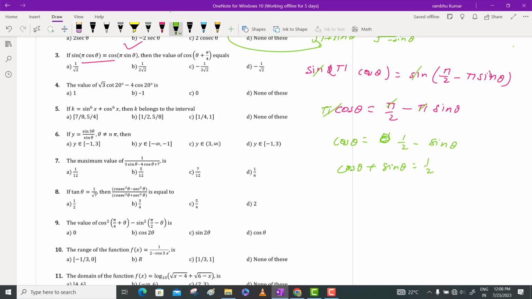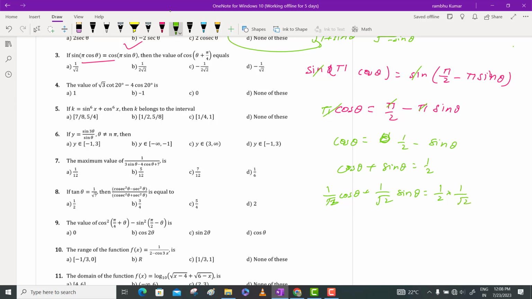So 1 by root 2 cos theta plus 1 by root 2 sin theta is equal to 1 by 2 into 1 by root 2.